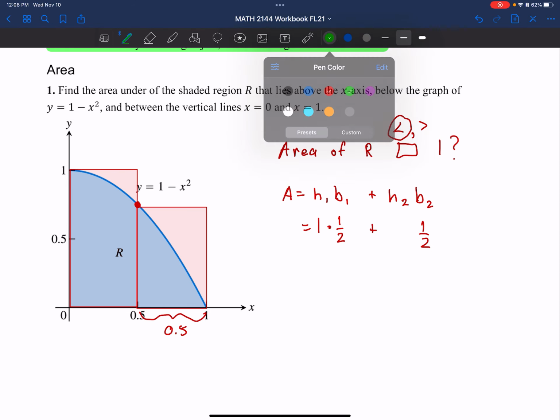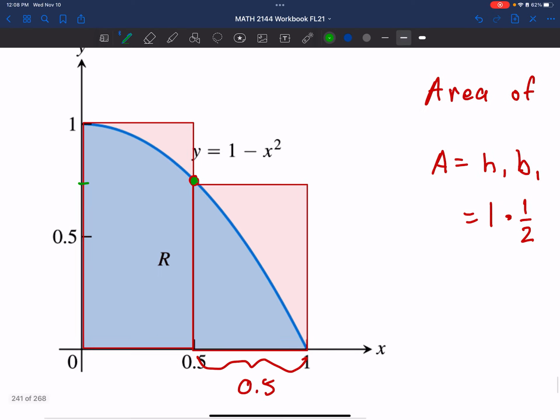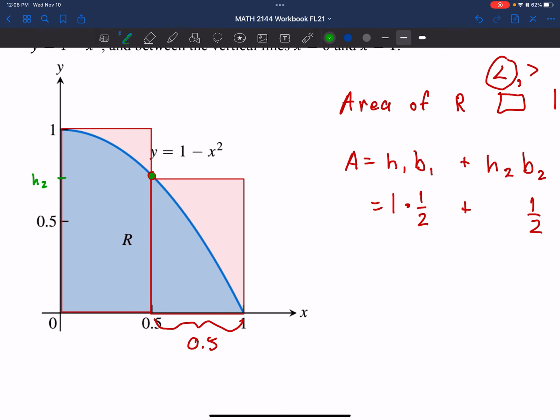So let me go ahead and write that. We need to go ahead and find this ordered pair to find the height of the second rectangle. So this is the height of the second rectangle. Let me just put this in words. We obtain a y value by evaluating f of x. So in this case, x is going to be 1/2.